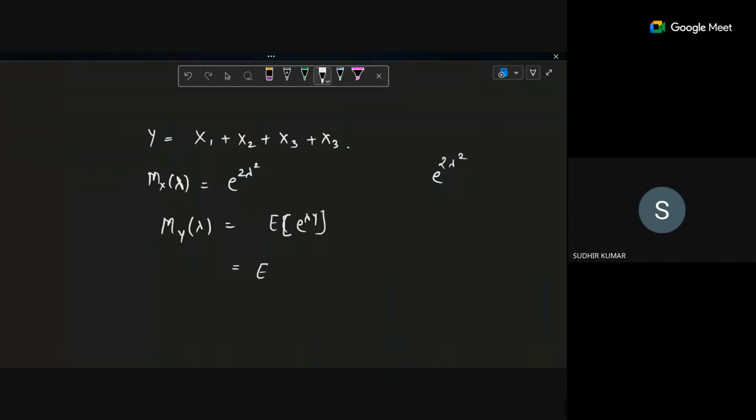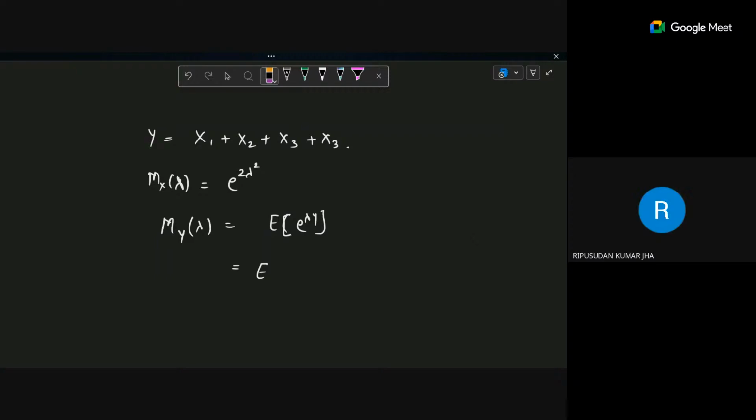Lambda square sigma square by 2. So we will get sigma square is 4, because this is comparing with the normal. You are just telling that sigma square is 4 here.